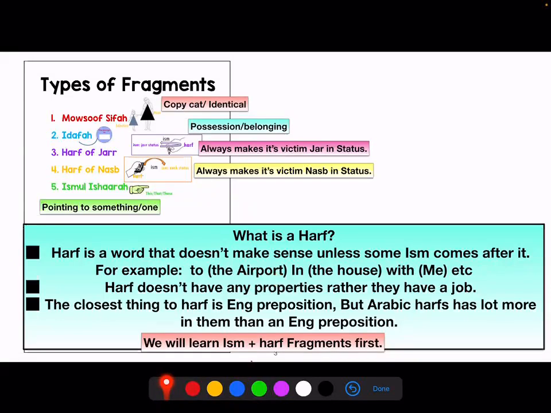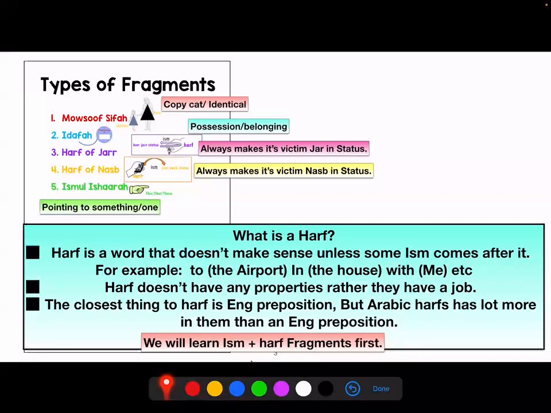And the same is true if I just say "in," it does not make sense unless I say "in the house," right? It makes a little bit of sense now. Or I say "with," it does not make sense unless I say "with me." So someone is with me, right? So the harf does not make sense by itself.